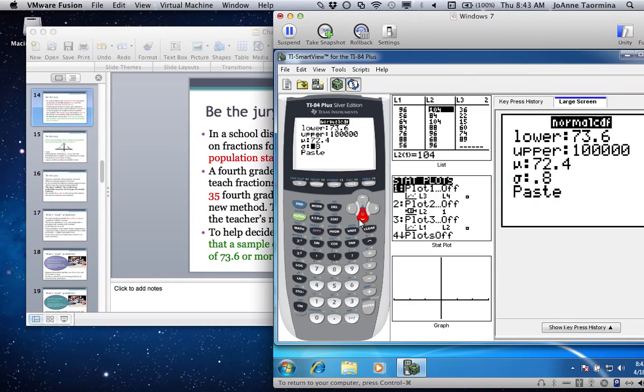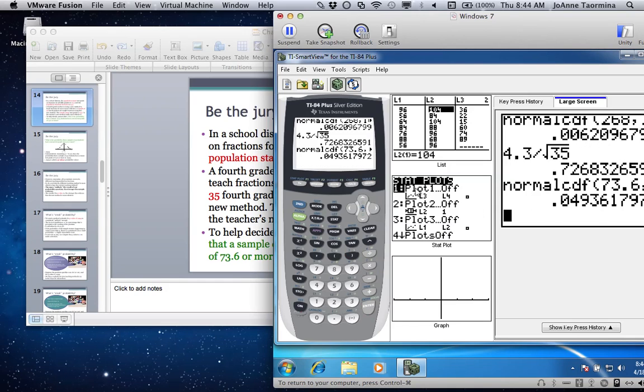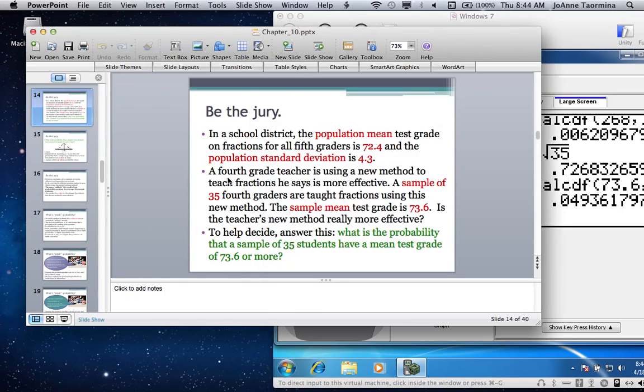It's 0.7268. So I'm going to just adjust this standard error right here to be 0.7268. I've got too many decimals. And then close the parentheses again and enter. Okay, 0.0494 when rounded to 4 decimal places.